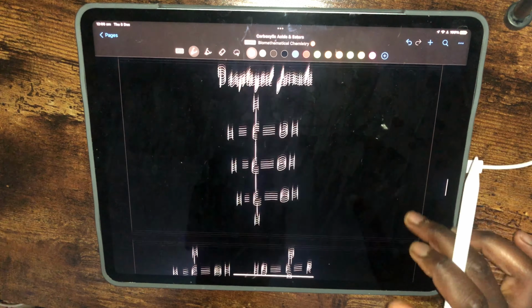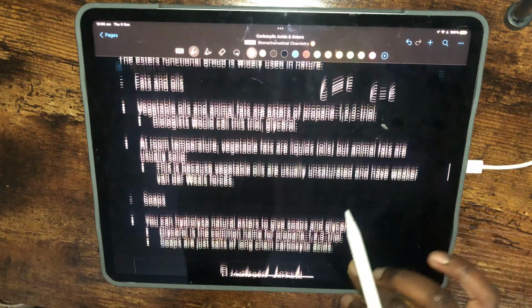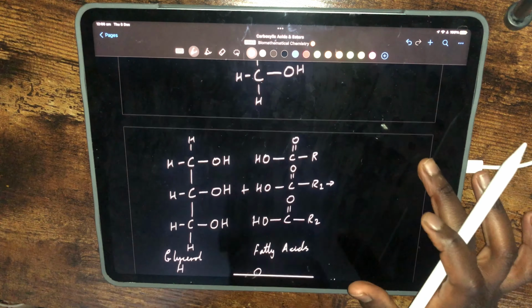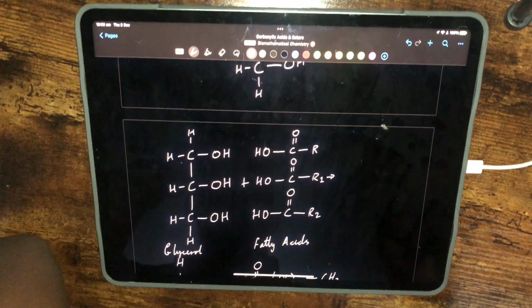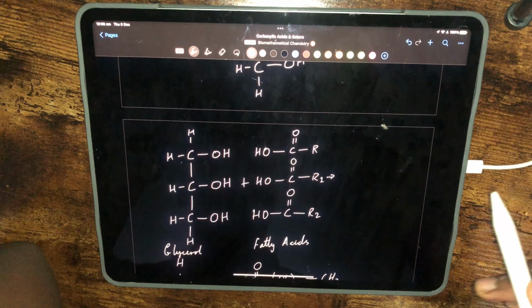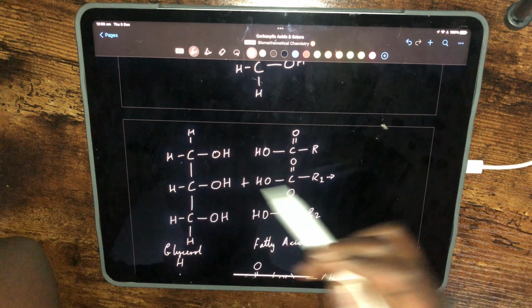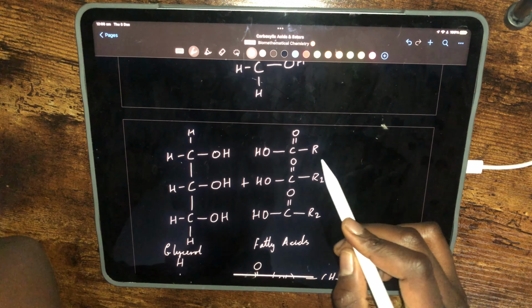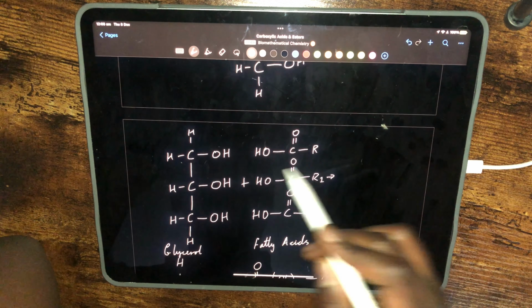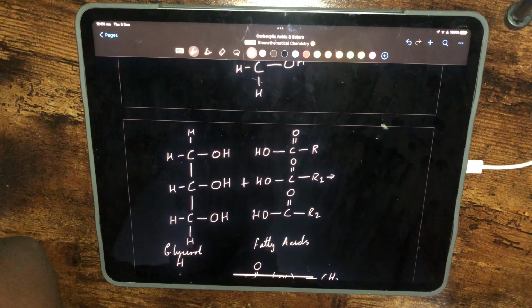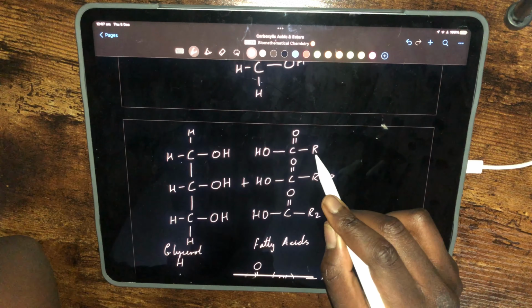So here I'm going to go through this part about natural esters and actually forming the esters. Esterification, as I said, is not a mechanism. You just need to know how it happens, and I'll give an example. Here's the glycerol, and here's a fatty acid. There are so many fatty acids, because fatty acids are just carboxylic acids, and it's endless possibilities because the R group can be anything.